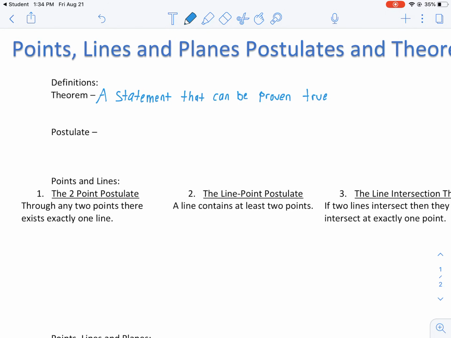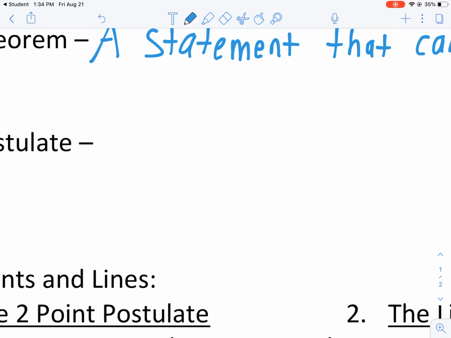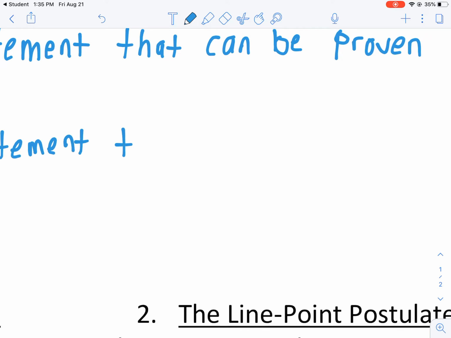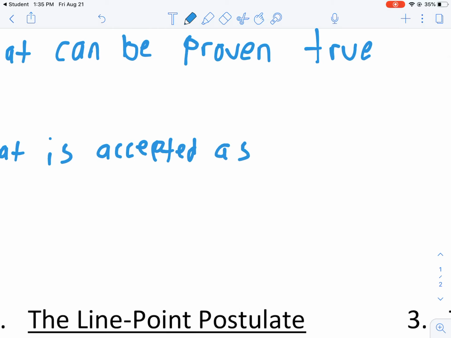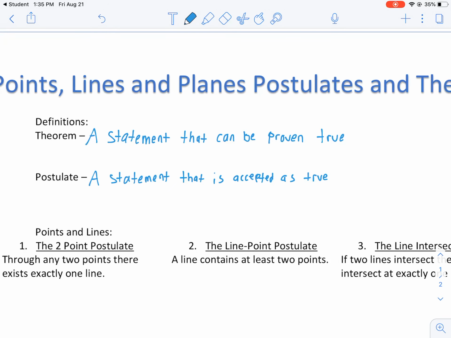All right. A postulate is a little bit different. A postulate is a statement that is accepted as true. Another word for a postulate is an axiom. That doesn't mean anything to you guys, but a postulate is just accepted as true.